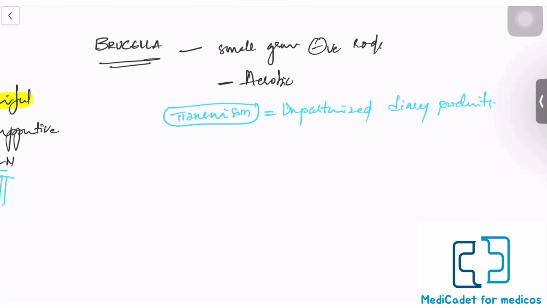Tumbling motility, contraindicated in pregnant women, spread through milk and milk products, like cheese also. No one is able to recall? It starts with L. Yes, yes, Listeria. Listeria monocytogenes.